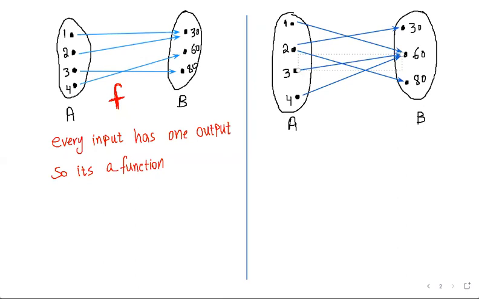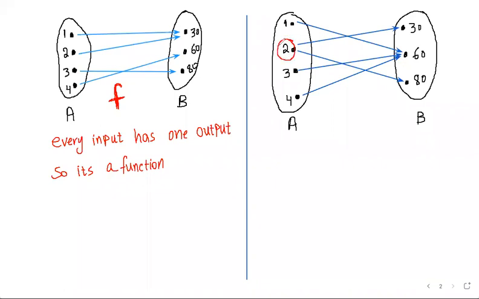Look, number 1 has 1 value. This is good. Number 2 has 2 values. So this is not good. So this is not a function. Why? Because the 2 here takes 2 values. It takes the value 30 and takes the value 80. 3 takes 1 value. This is good. 4 takes 1 value, 60.